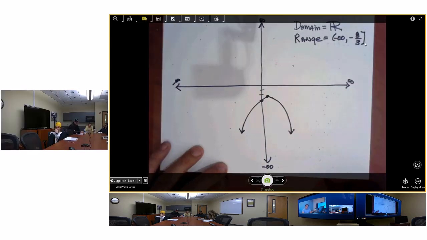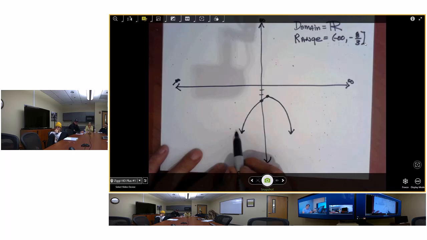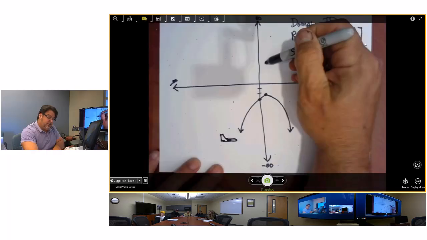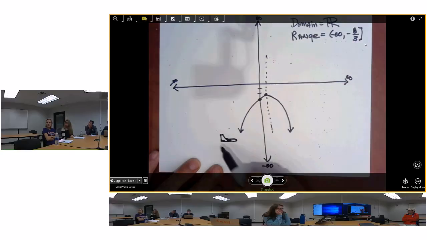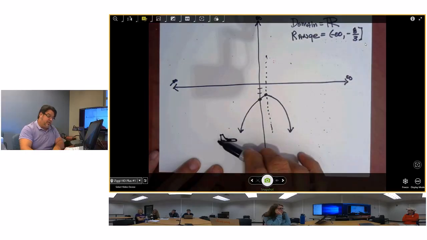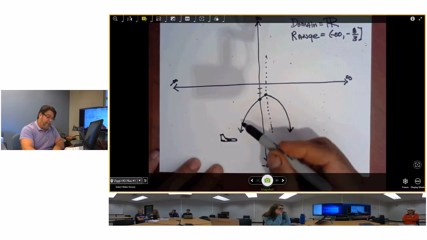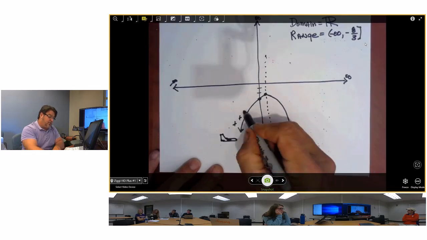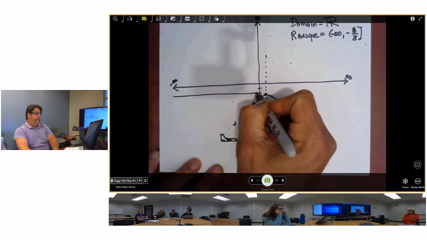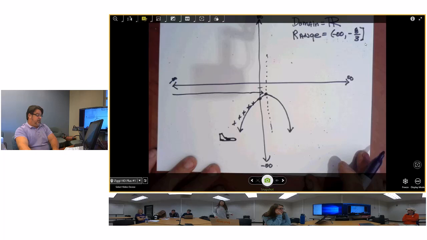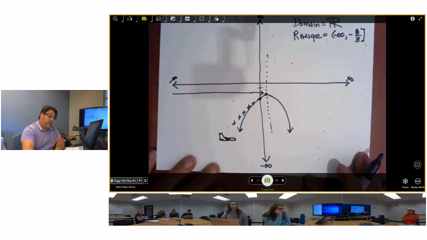Increasing: if I had a plane, and that plane was approaching this vertex, what is this plane doing from left to right? It's increasing. It's going up, right? So the increasing values are from -infinity to what? To the x, which is 1.